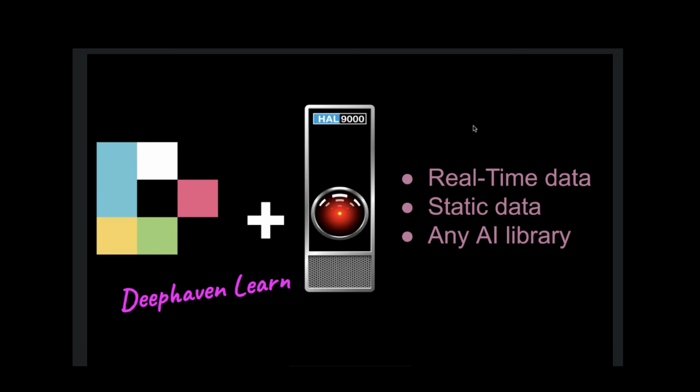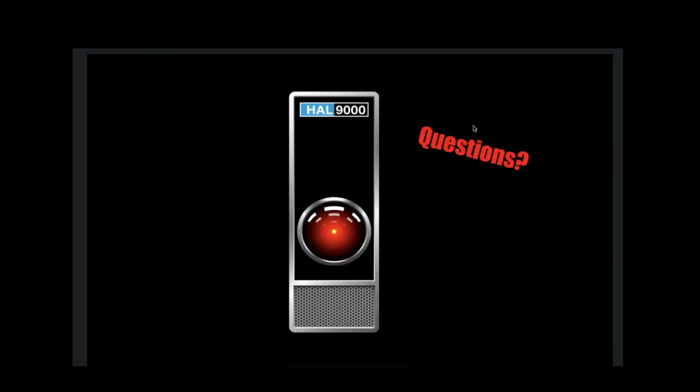All you have to do is change the functions to create inputs, scatter outputs, and perform the logic. And this can work with any hardware that your AI library can work with. You can run this on CPUs, GPUs, TPUs, it doesn't matter. And with that, I'm happy to take any questions.